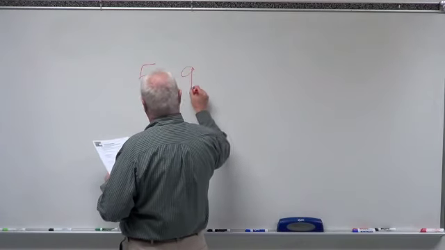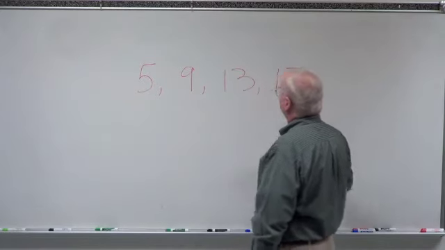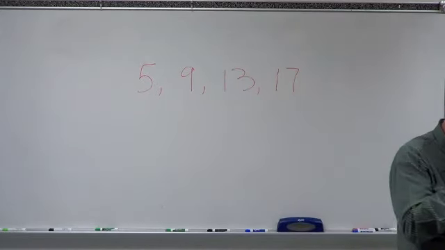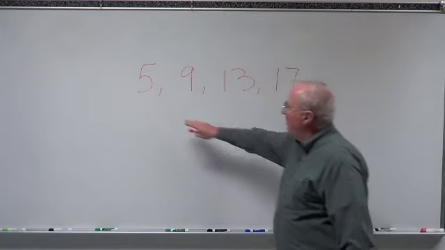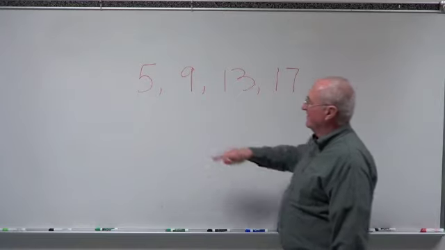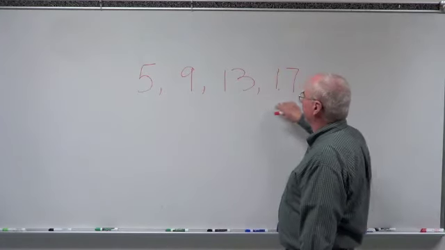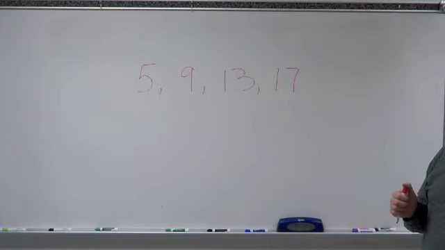5, 9, 13, 17. Now, based upon that information, can you give me a conjecture or an educated guess based upon known information, the numbers that are here? What's the next number in the series? Look at it.